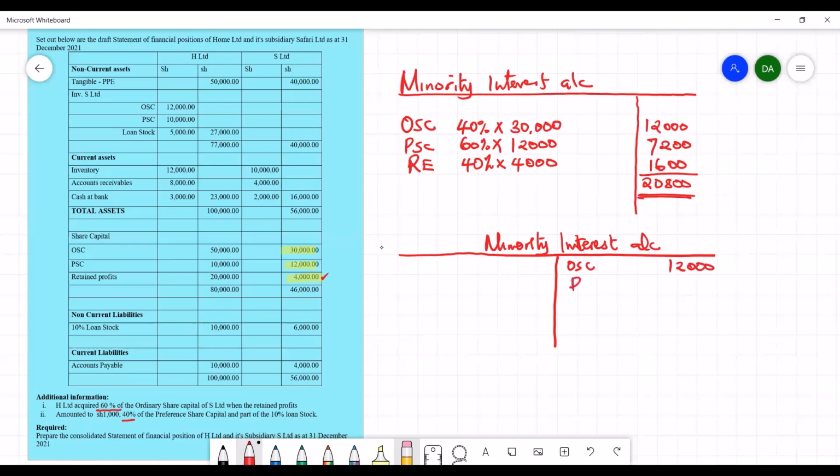Preference share capital of the minority, 7,200. And then retained profit of the minority, 1,600. So that we have a total of 20,800. So on this side, we have a balance carried down of the minority of 20,800. So that is what we are going to have as the total of this account.